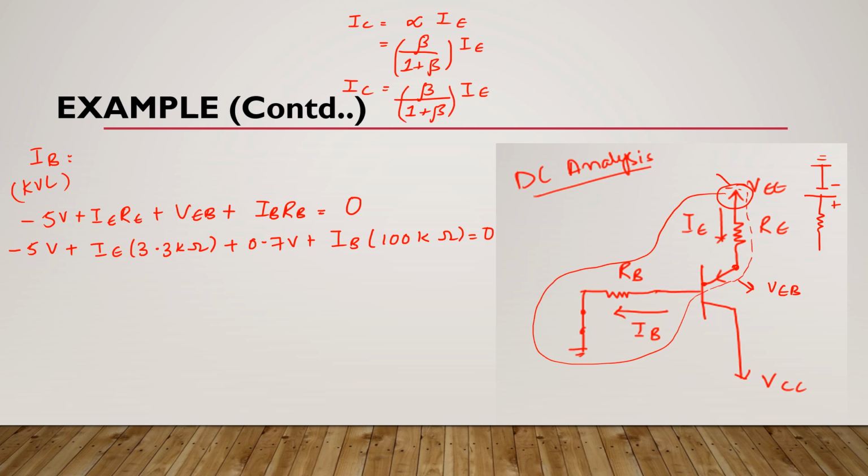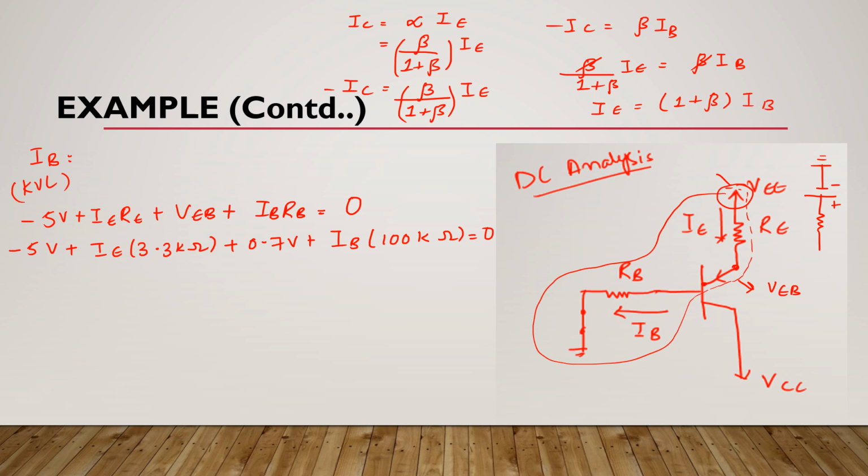Now we know that IC is equal to beta IB. Now if we compare these two equations, we get beta over 1 plus beta IE is equal to beta IB. This beta is going to cancel this beta. It means IE is equal to 1 plus beta IB.